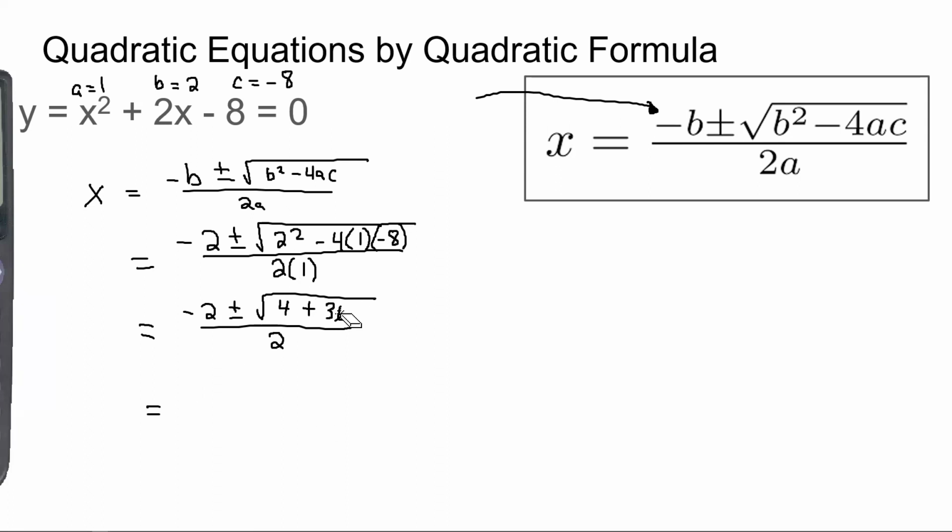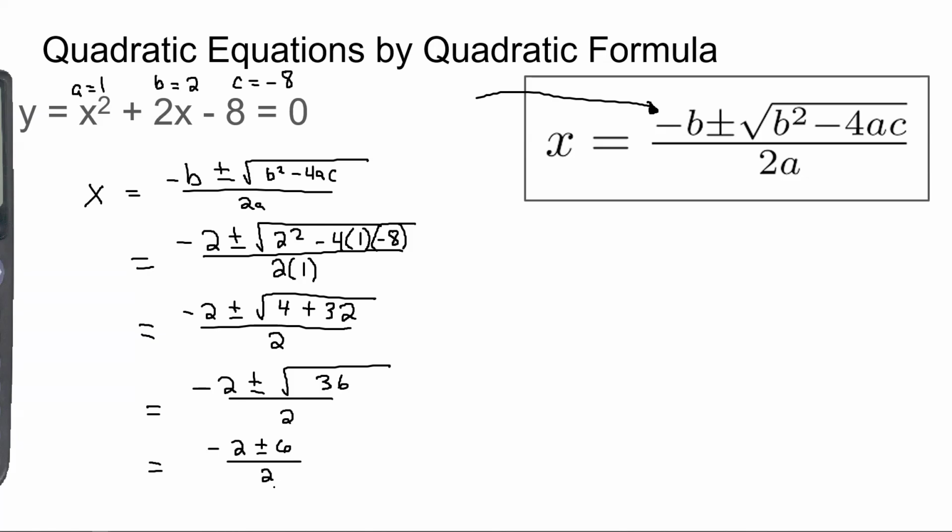I went ahead and added that 4. Okay, there we go. All right. And of course, up underneath that radical, 4 and 32 would be 36. And here, the square root of 36 is plus or minus 6.